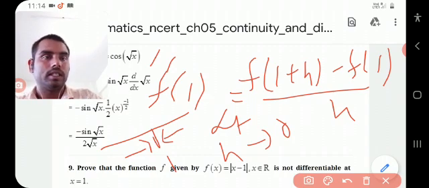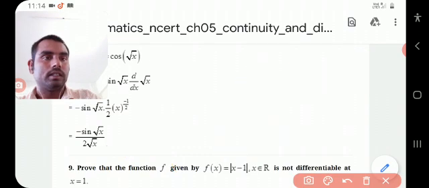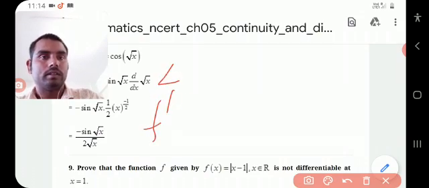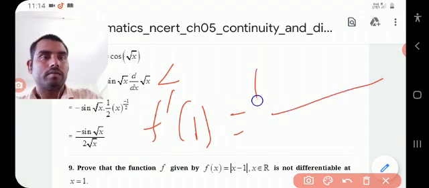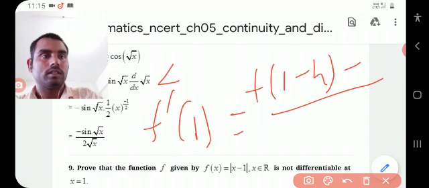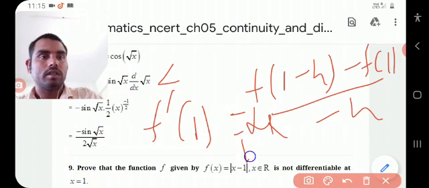Of the existing derivative. And if it is the left part of this point, you write f of 1 minus h minus f of 1 by minus h, limit h tends to 0.